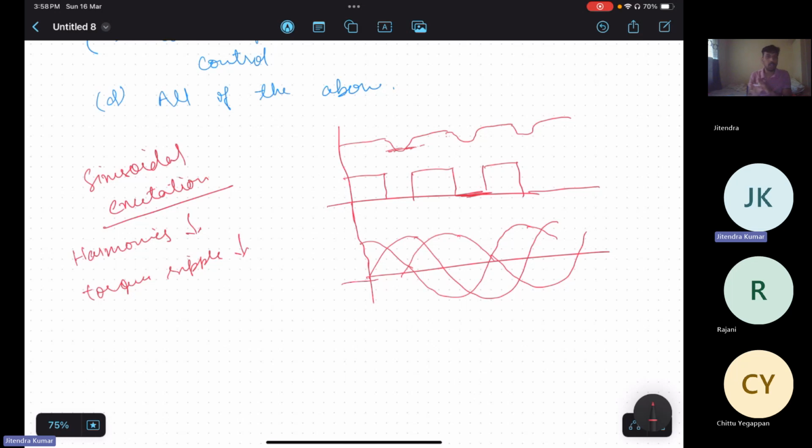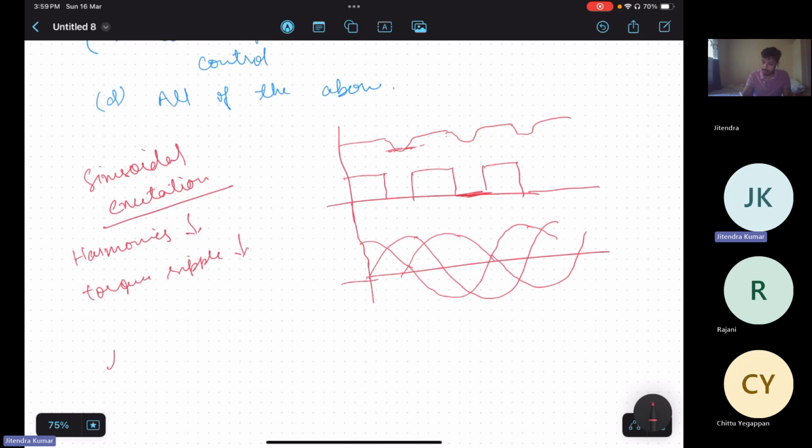Then you have two options. To run both of these motors, you will require controllers. Controllers are also available in the market. You will have two options: trapezoidal excitation and sinusoidal excitation, and both of them have their objective.